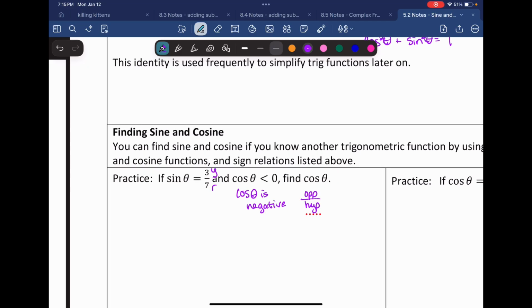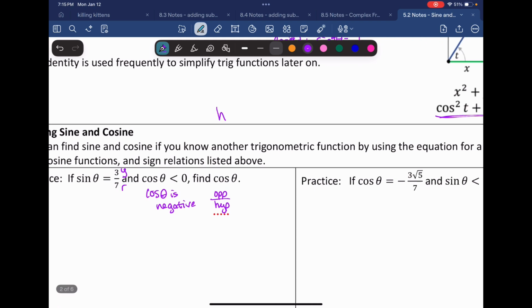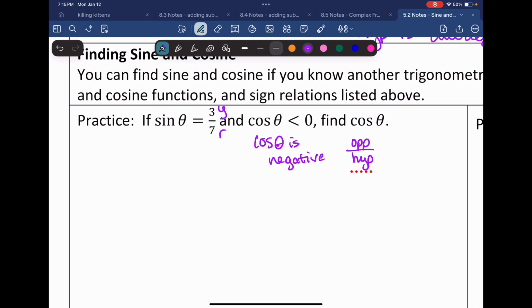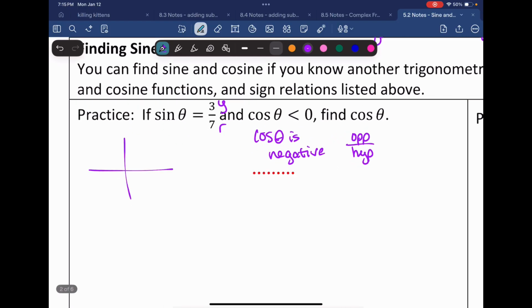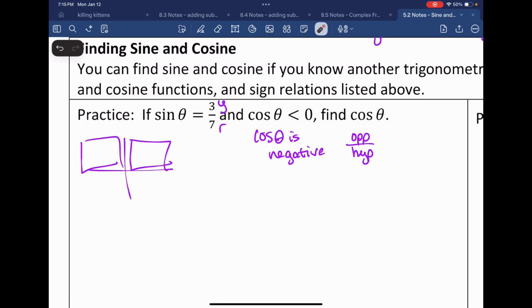All right, hypotenuse is always positive. Okay, it's a distance. Okay, since your sine is positive, that means I have a positive y. So if we consider where y is positive, that is in quadrant 1 and quadrant 2. Y is negative in this one and this one. So we're not going to use those.